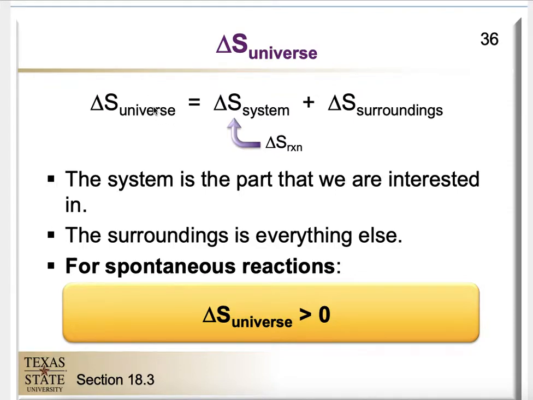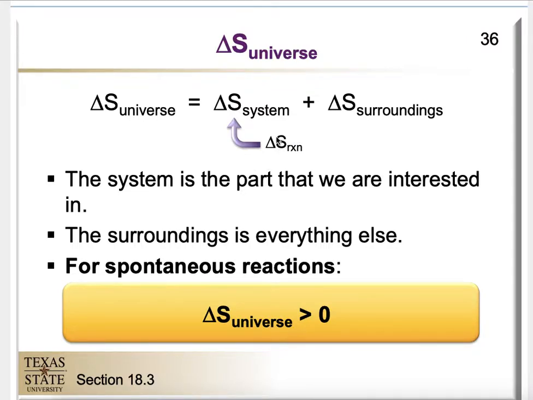However, that change in the universe is a sum of the change in the entropy of our system, which is the change in the entropy of our particular reactants and products, but there's also an associated change in the entropy of the surroundings. What we're going to talk about in the next few slides is how to calculate the entropy change of the surroundings.